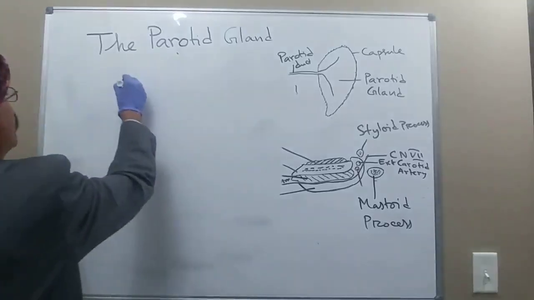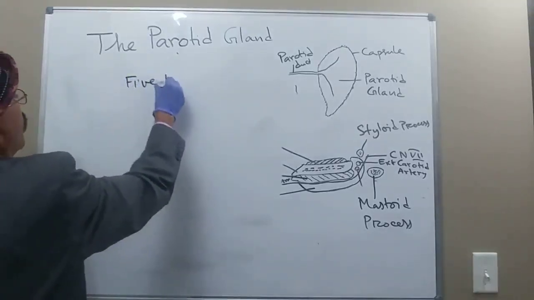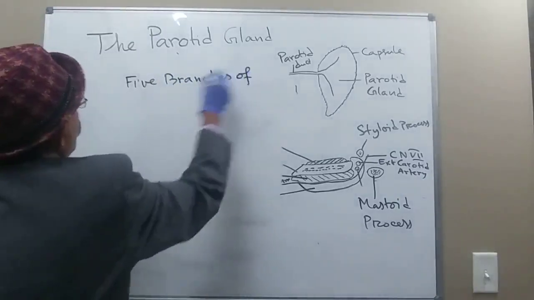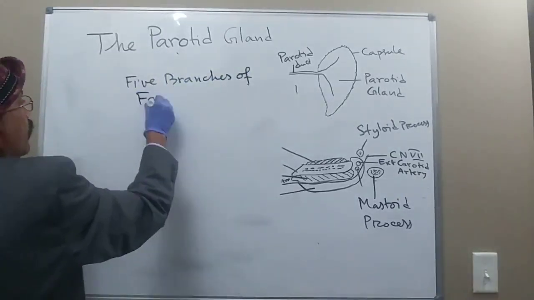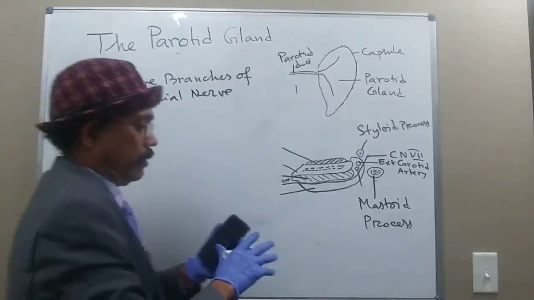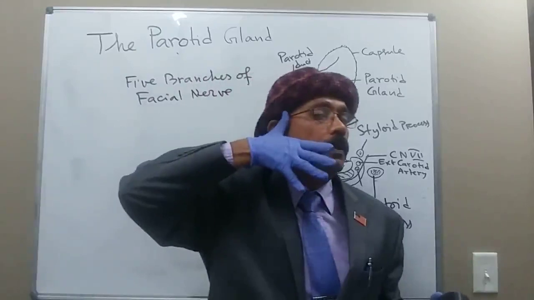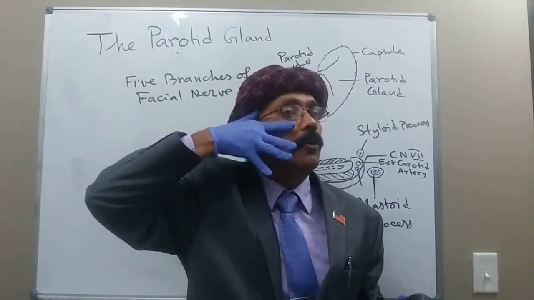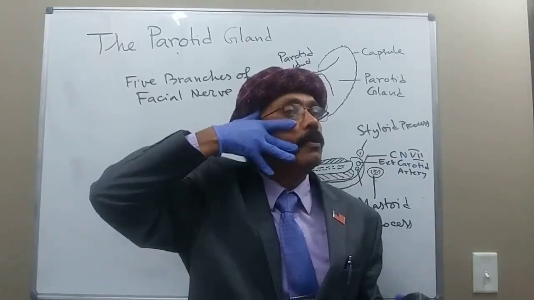So what are the 5 branches of the facial nerve? You can remember it like this: we put the thumb on the temple and the index finger on the zygomatic bone.